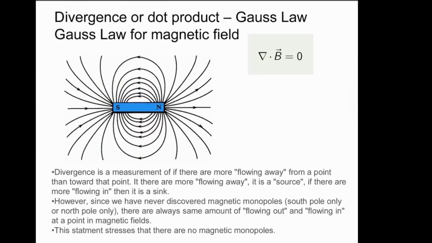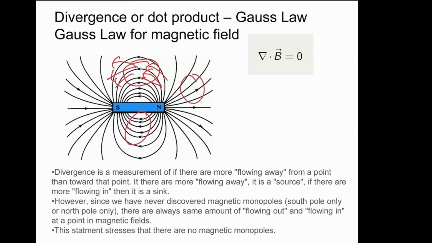So we know that the magnetic field goes from north to south. Here we can see that all the arrows going in and leaving are the same.